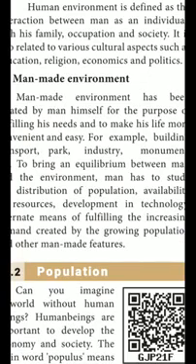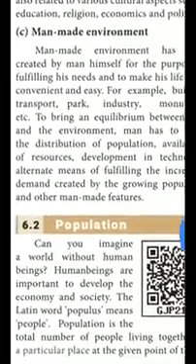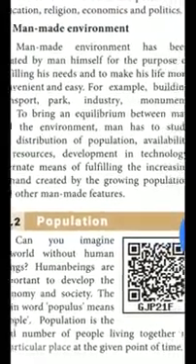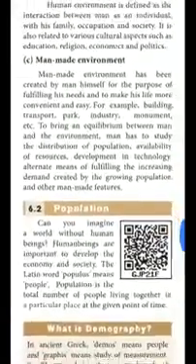Third one is the man-made environment. What do you know about this man-made environment? Man-made environment has been created by man himself for the purpose of fulfilling his need and to make his life more convenient and easy.